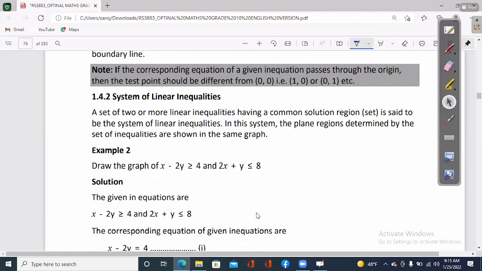Now, all of you, please take out your exercise copy and let's do these two questions. This and this. Draw the graph of this and this in the same graph copy, please.